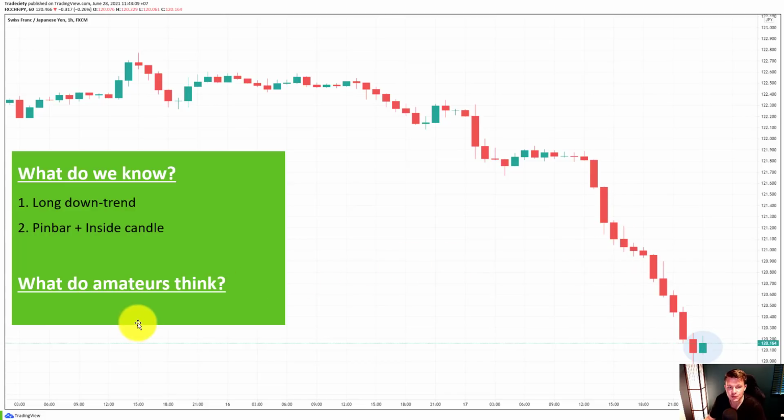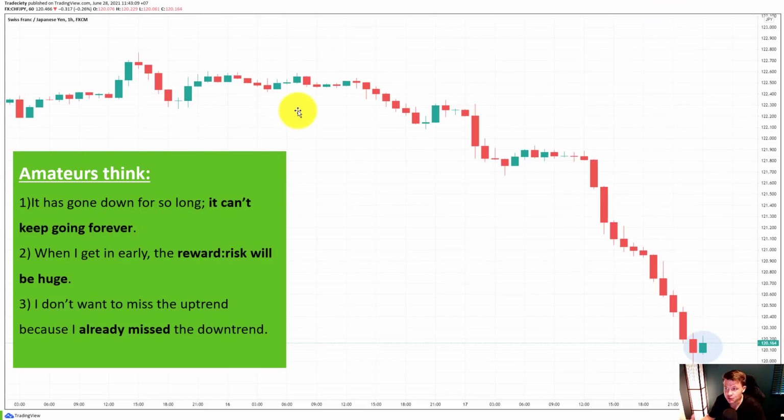So what do amateur traders think right now? And I'm sure many will be able to relate. There are three things that will go through the mind of the average amateur trader. First, the price and the trend has gone down so long, it can't keep going down forever. This is something that many traders think when they see a long downtrend.